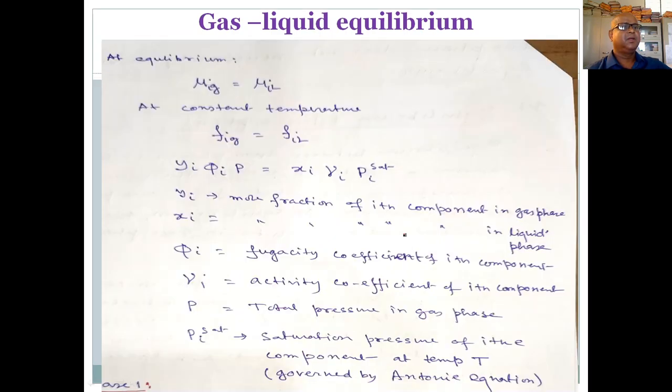Okay. Now we know that at equilibrium, the chemical potential of the gas phase and the liquid phase is the same. Let's take mu I g, where I means the ith component in the gas phase, and generally at constant temperature, the fugacity of the gas phase of the ith component will be equal to the fugacity of the liquid phase.